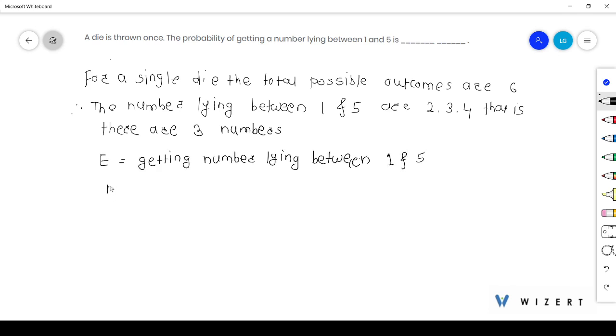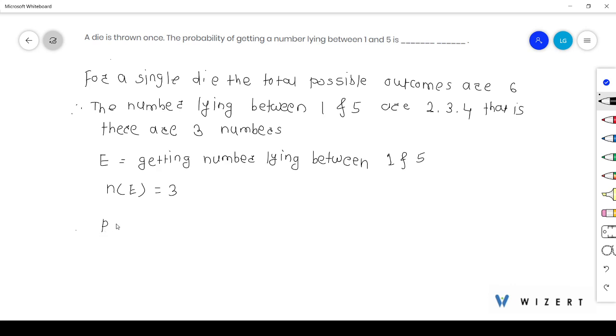Okay, so N of E is, as there are 3 numbers lying between 1 and 5, so N of E will be 3. And we have seen that N of S means N of sample space is 6.